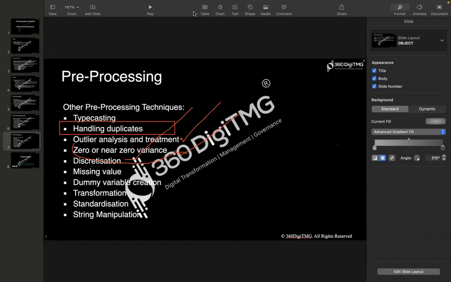What is discretization in data mining? Discretization is the process of putting values into buckets so that there is a limited number of possible states.